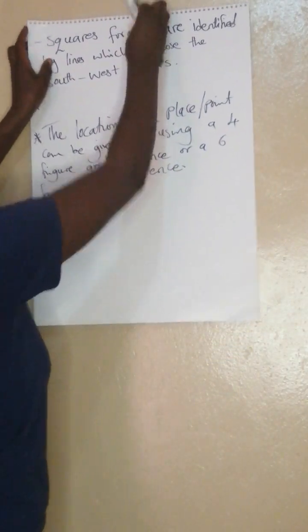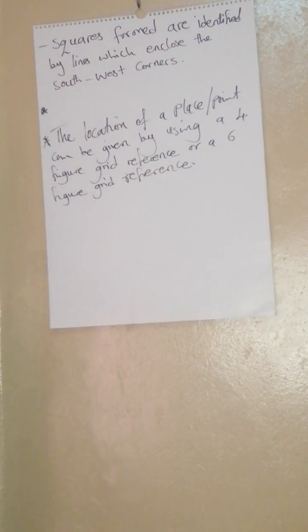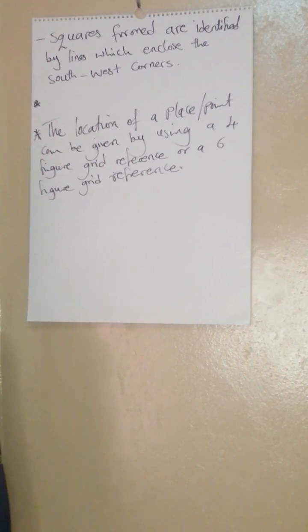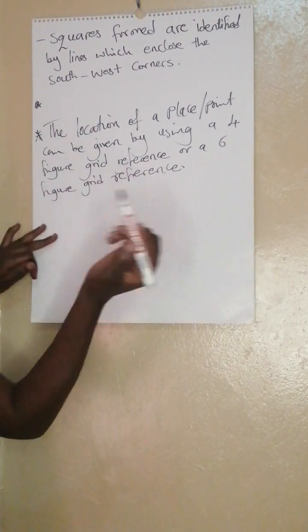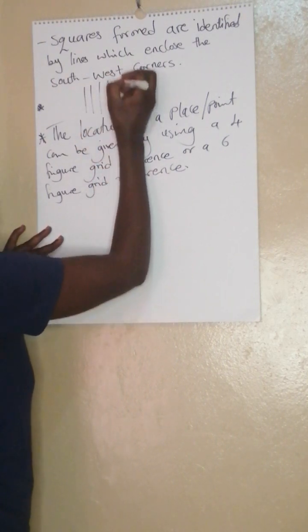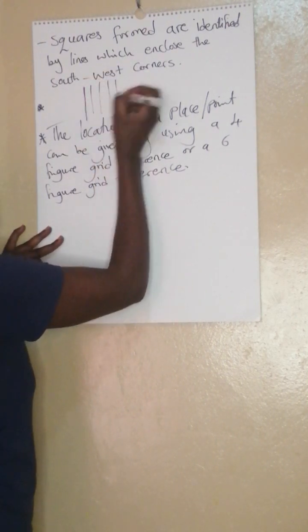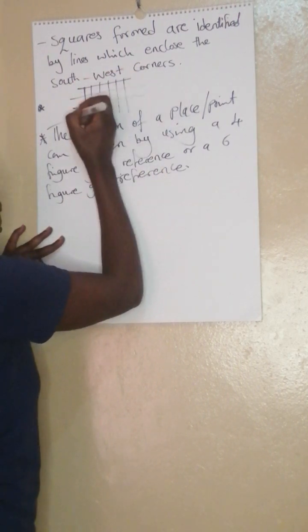Squares formed are identified by lines which enclose the southwest corners. Remember, I drew the diagram that combines the two types of lines, the eastings and northings. We had something like this.